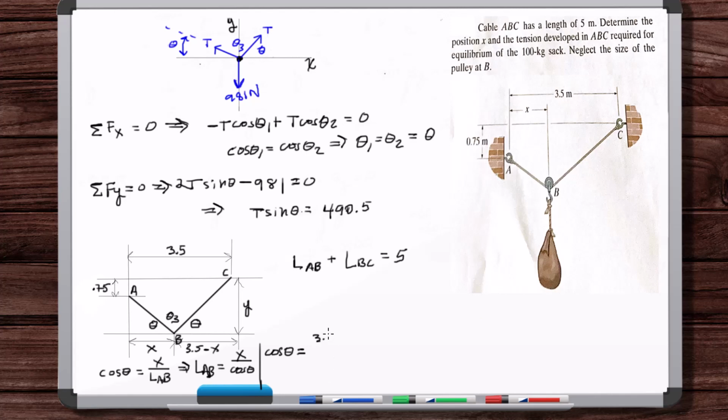Adjacent over the hypotenuse. So that tells us that LBC is equal to (3.5 minus x) over cosine theta, right? So now let's substitute into this equation here.